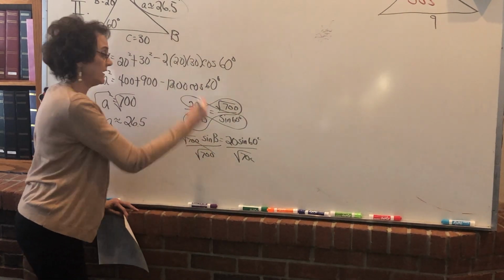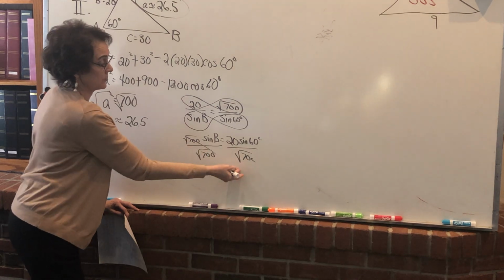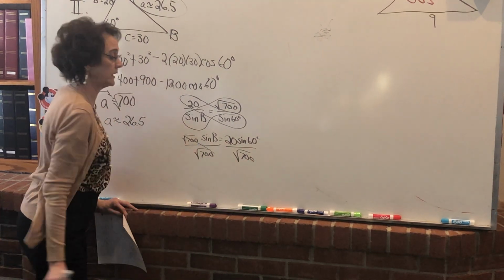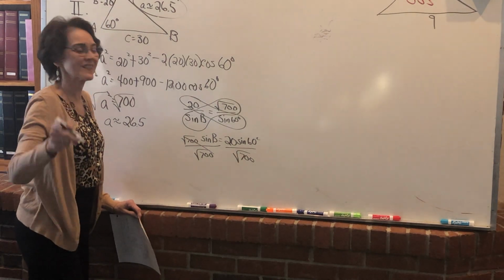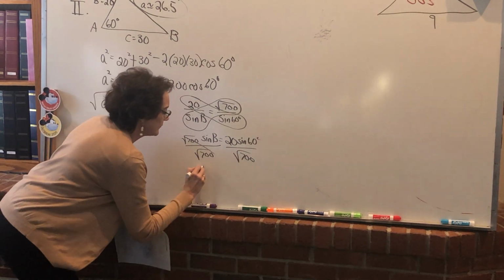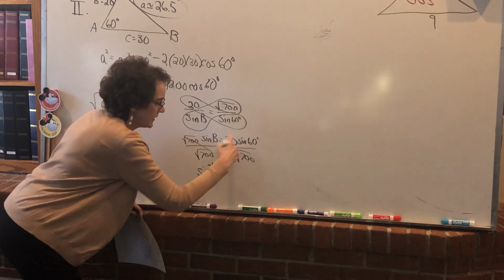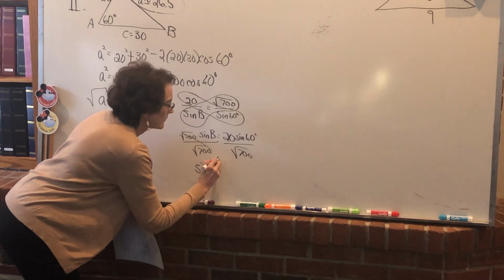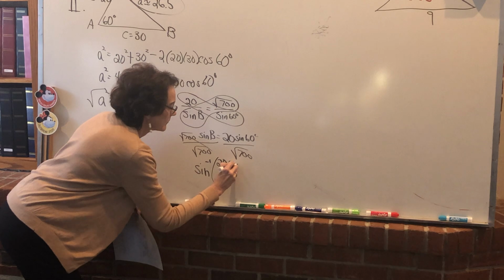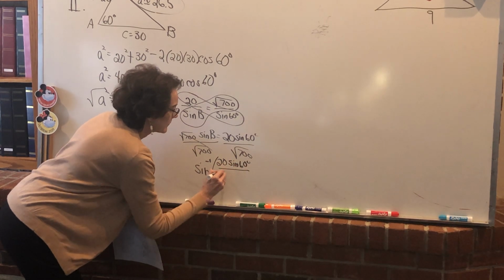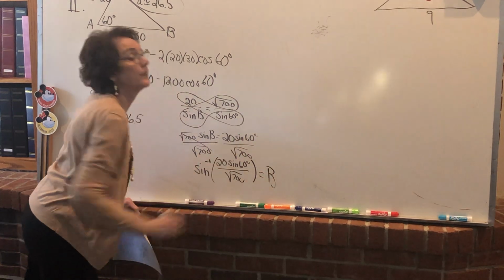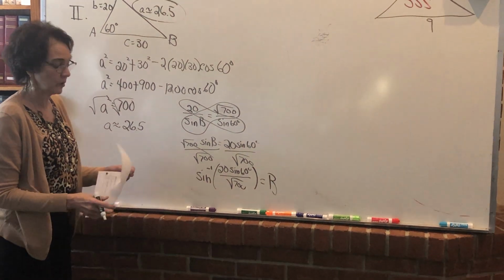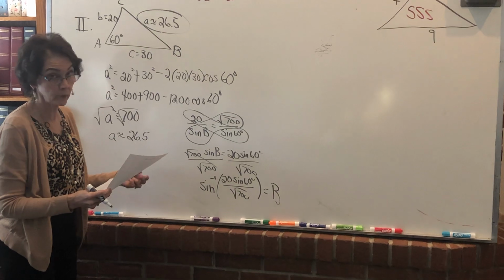Now, the measure of B, how can we do that? It says the sine of measure of angle B is this. So how can I actually get the B? Hopefully you remember inverse sine. So you're going to do the inverse of this. That will give you the B. And your book is having you round to the nearest whole number.